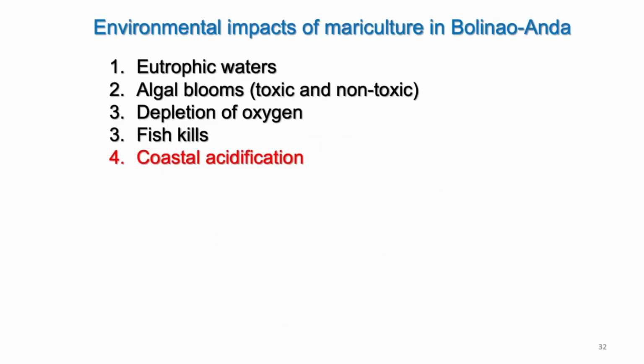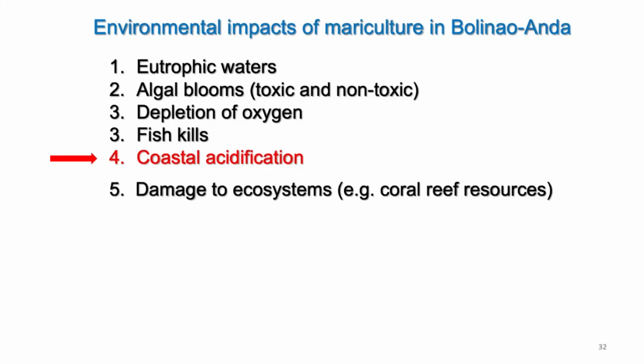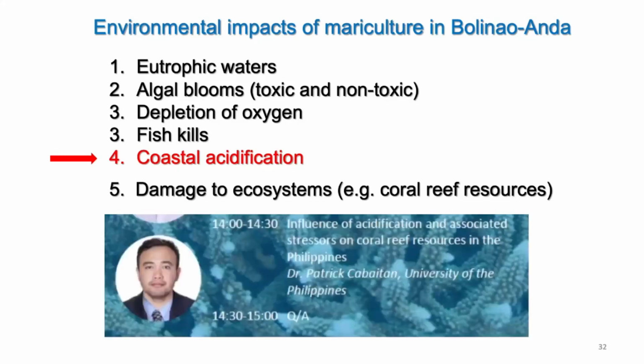Now, one other impact that has emerged is coastal acidification. The other impact, which is damage to ecosystems or coral reef resources, will be discussed by my colleague Patrick Baitan next week, May 19, in this OA webinar series.